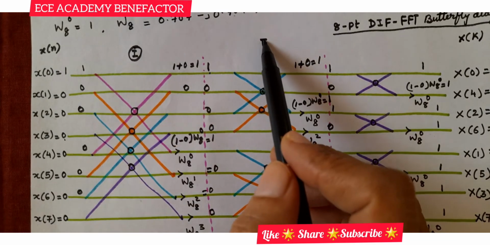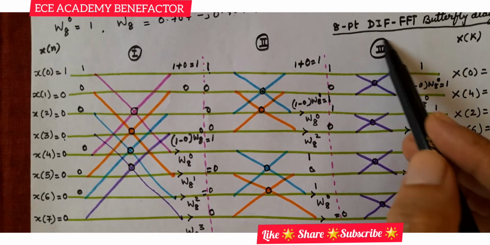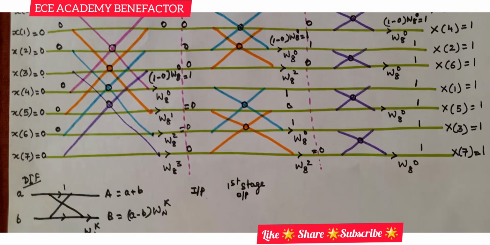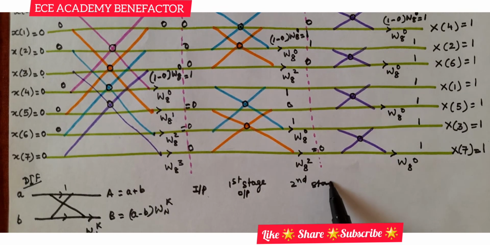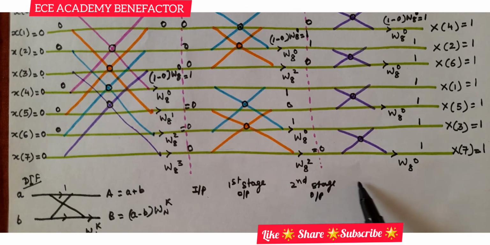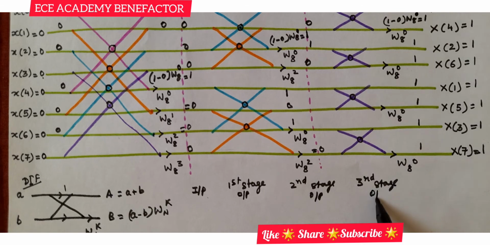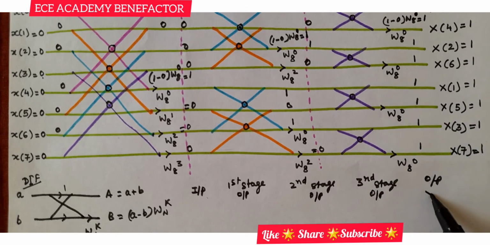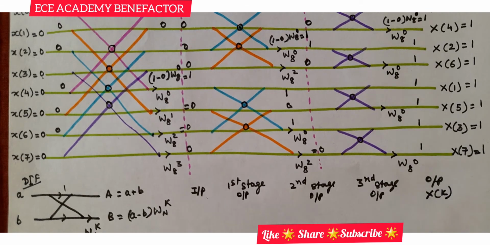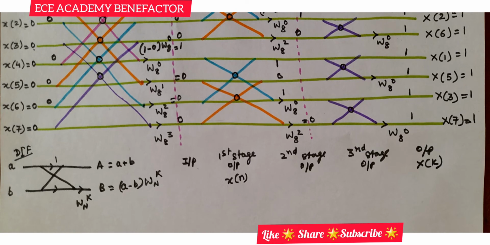This is the second stage, and this is known as third stage. Okay. So what will be the second stage output? Third stage output, and finally this output x of k. This is small x of n.